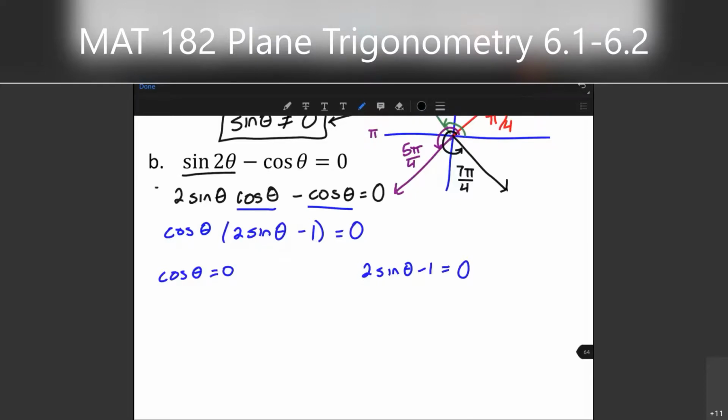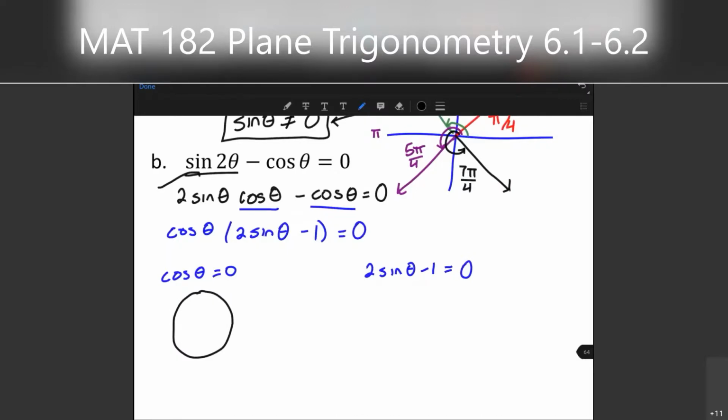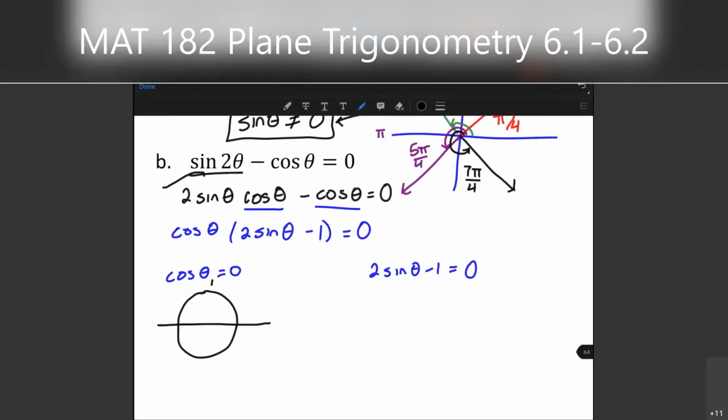So if we consider our unit circle where we have an x-coordinate of 0, is that pi halves? Yep, pi halves will give us an x-coordinate of 0, and 3 pi halves. Okay, excellent. So that would be two solutions.